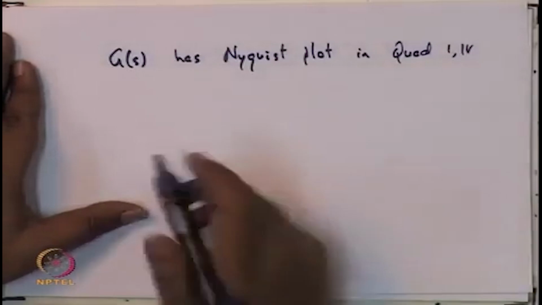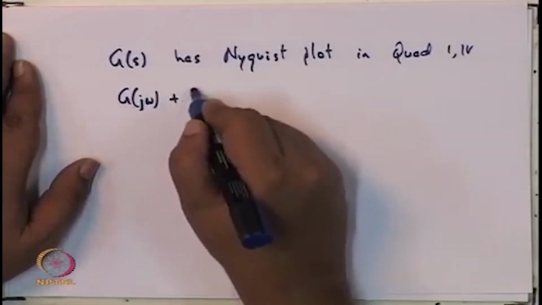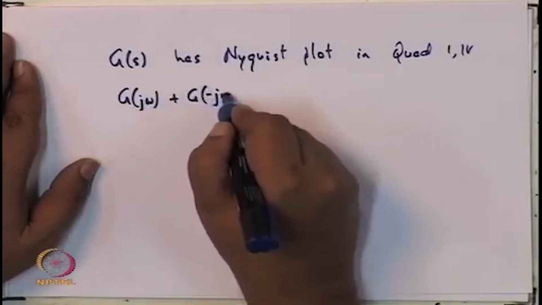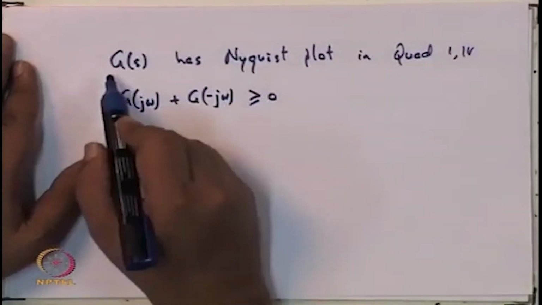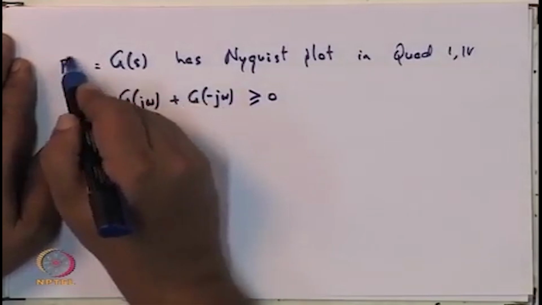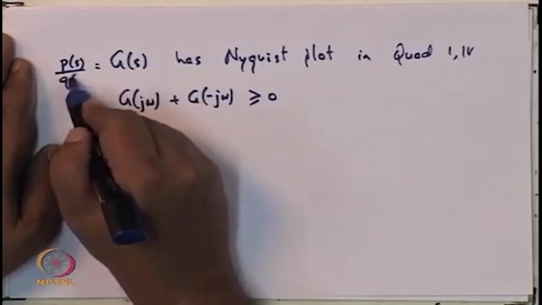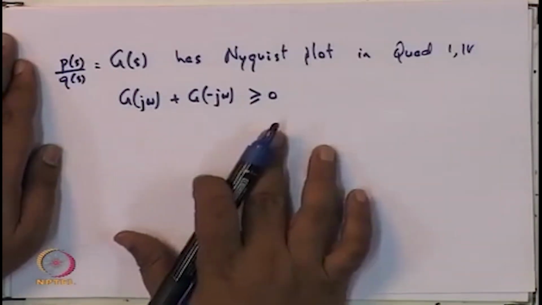This is the same as saying G(j omega) plus G(minus j omega) is greater than or equal to 0. Mind you, in this particular case, I am thinking of G(s) as the single input, single output case, so it is some polynomial divided by some other polynomial. And so this one is greater than or equal to 0.